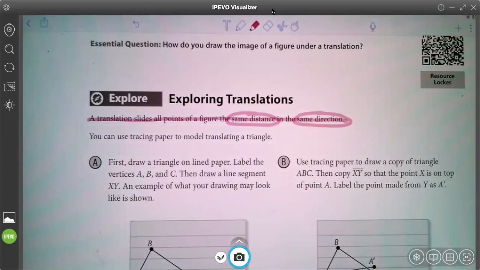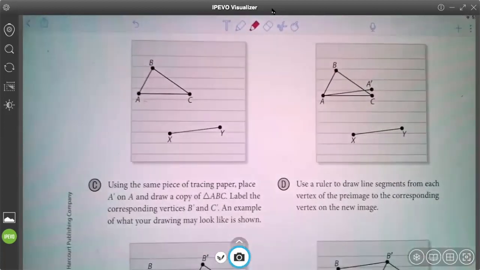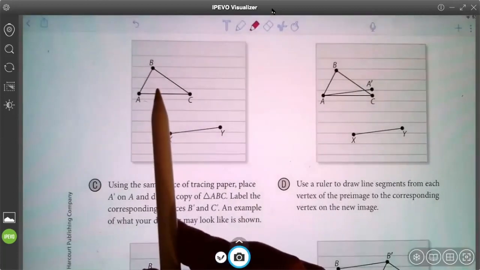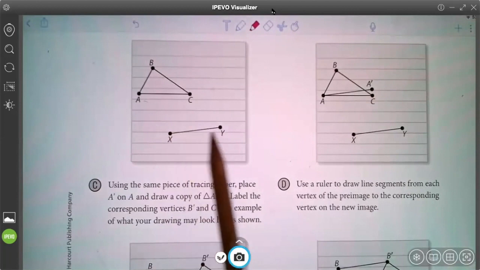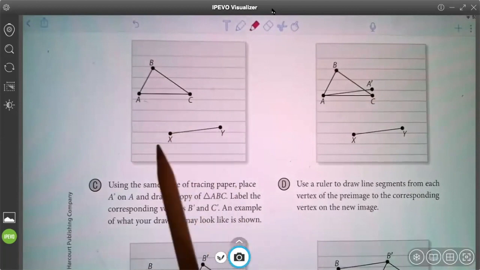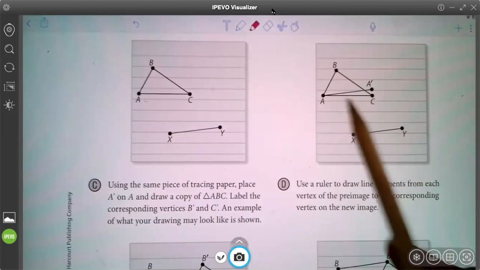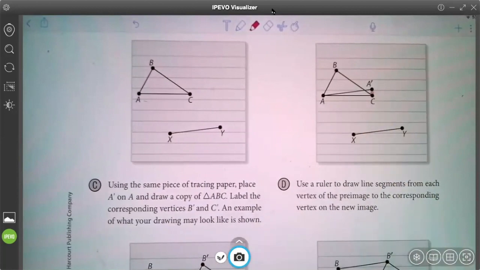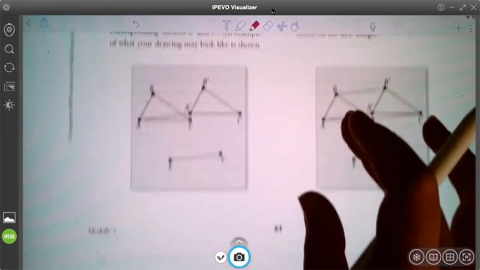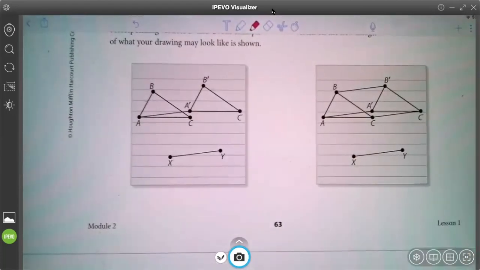To show an example of a translation and how it's done, we have this little illustration, and triangle ABC is the original triangle. It's going to be moved this distance in this direction, represented by segment XY. As you can see, segment XY is copied onto every corner, and those corners, the A prime, B prime, and C prime corners, are then connected to make a new triangle.